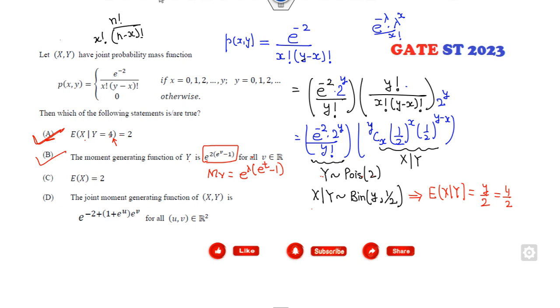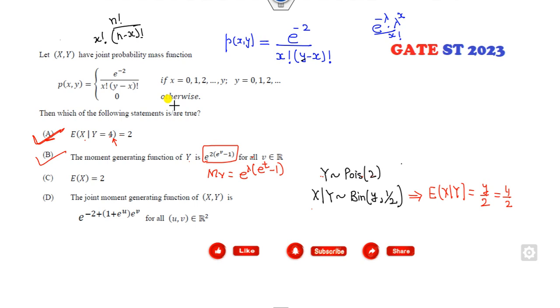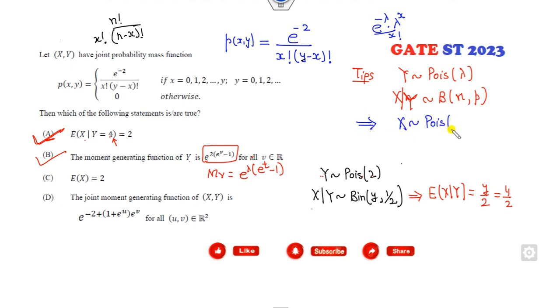Moment generating function of, okay, what is the expected value of x? But we don't know the distribution of x. But anyhow, as I told you, again the shortcut tips. If y follows the Poisson distribution with the parameter lambda, and x conditioned on y follows the binomial distribution with the parameters n comma p, this implies x follows the Poisson distribution with the mean lambda into p.